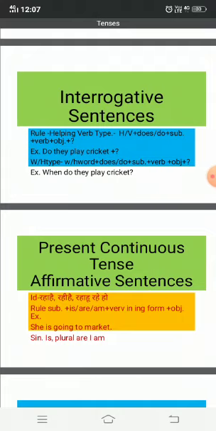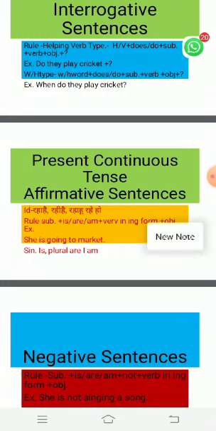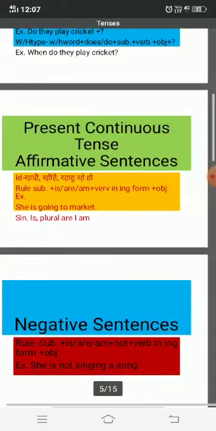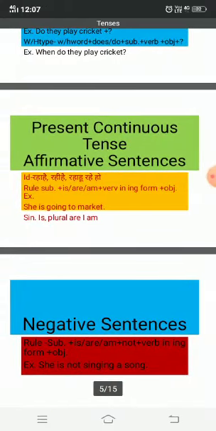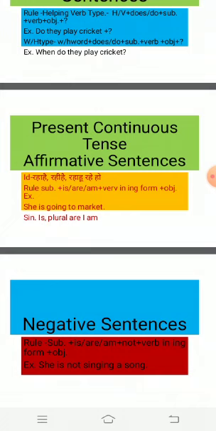Now I am starting present continuous tense. Present continuous tense affirmative sentences. Idea of present continuous tense is रहा है, रही है, रहा हूँ, रहे हो, etc. And rule for present continuous affirmative sentence is subject plus is or are or am.